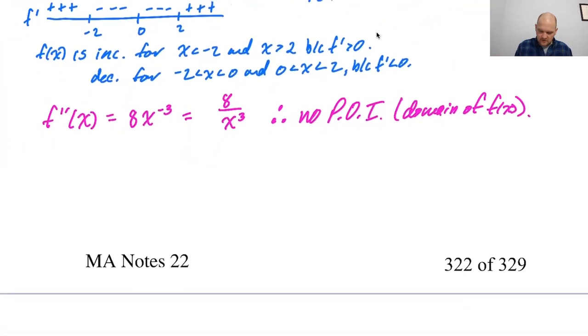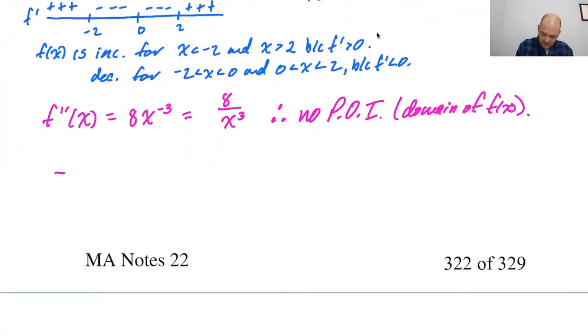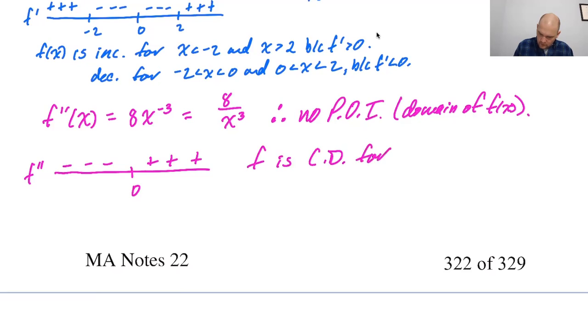All right, so let's do a sign chart for f double prime. And we'll put 0 on it. And then to the left of 0, any negative that you cube will stay negative. So negative, and then a positive cubed is positive. So f is concave down for x less than 0 because f double prime is less than 0.